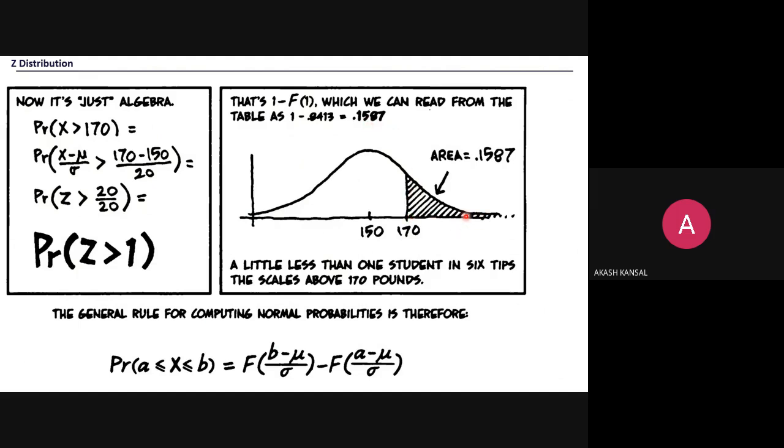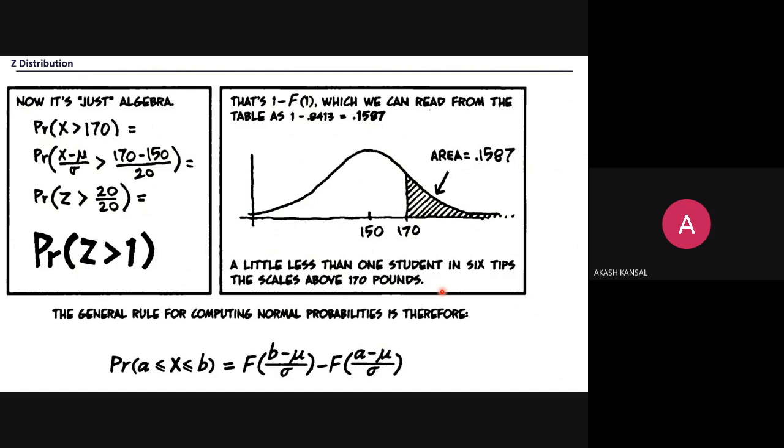So the probability of having a student weighing more than 170 is 0.15. Or we can say that a little less than one student in six tips the scales above 170 pounds, because if you convert it to fractions, it will be approximately 1 by 6. So that is why they are making this statement.